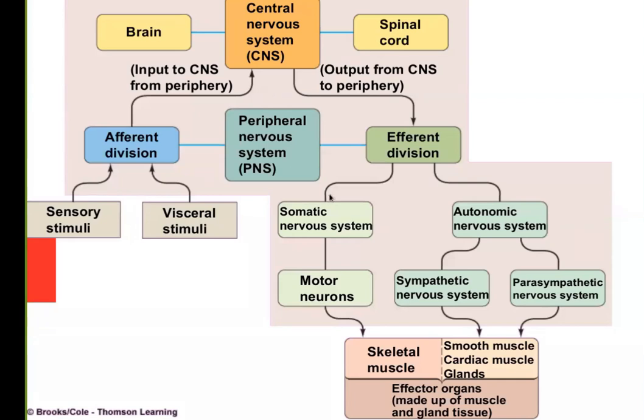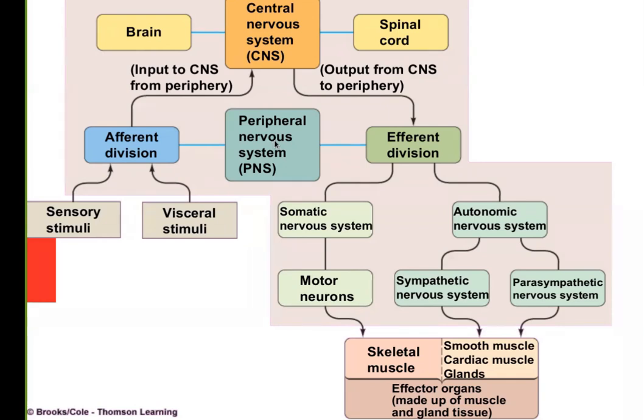Ganglions are bodies of neurons which are placed not in the central nervous system. Because nerves normally are axons, and nerves don't have soma, don't have bodies of neurons. That's why in the peripheral nervous system we have ganglions and nerves.